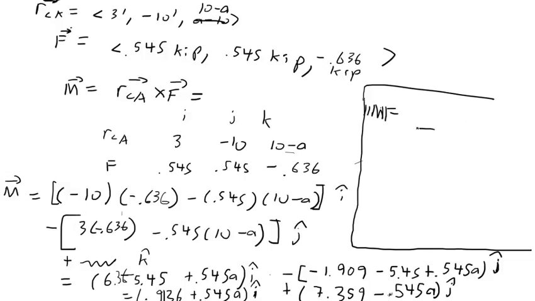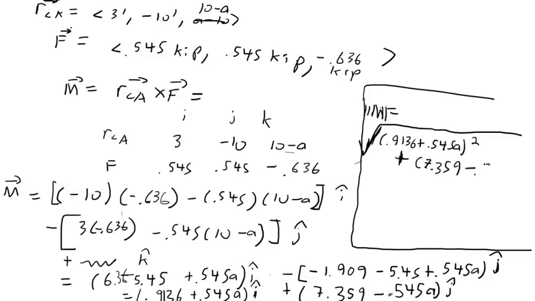Equals the square root of 0.9136 plus 0.545a squared plus, so this root's going to extend down over this whole thing, plus 7.359 minus 0.545a, quantity squared.